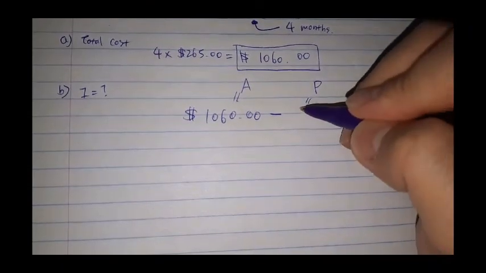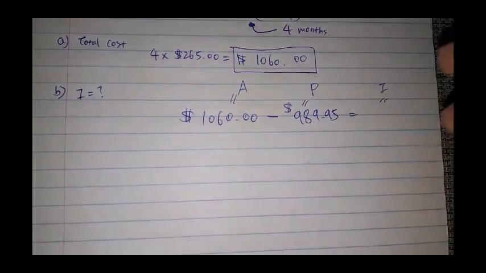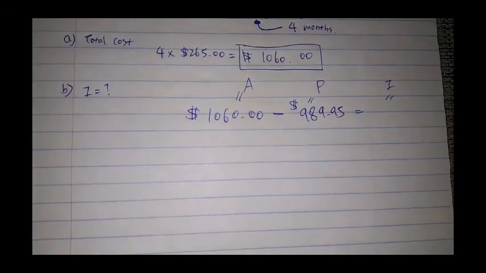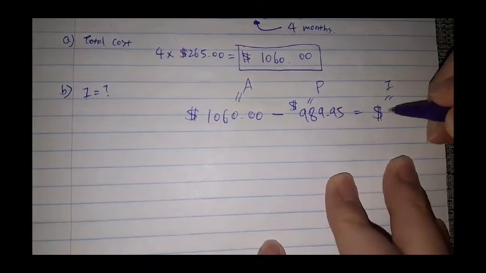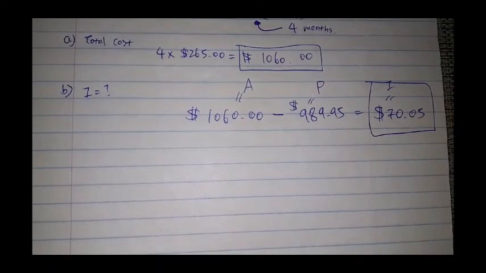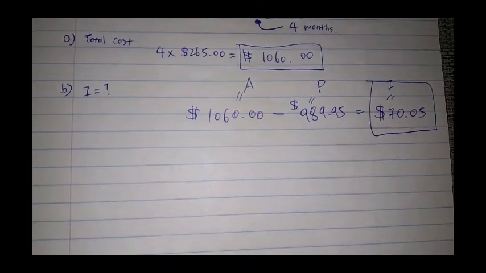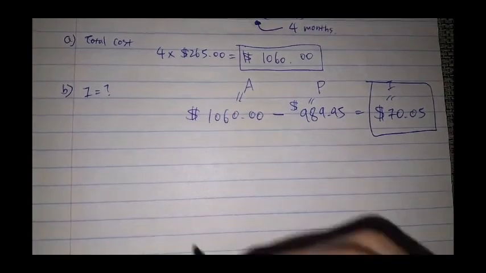So if I rearrange it, my principal amount, my original amount, 989.95, you can just subtract that. Then you're going to have your interest value come out. According to what we see, interest is 70.05.